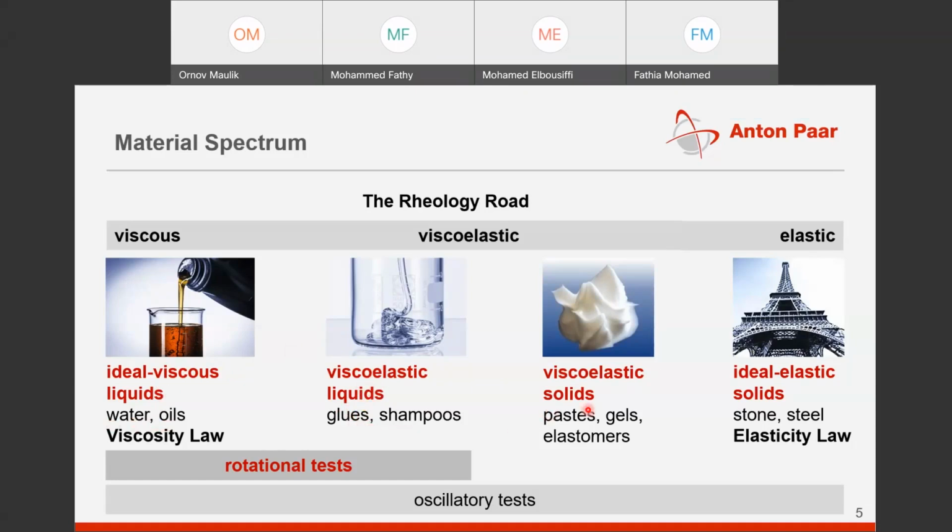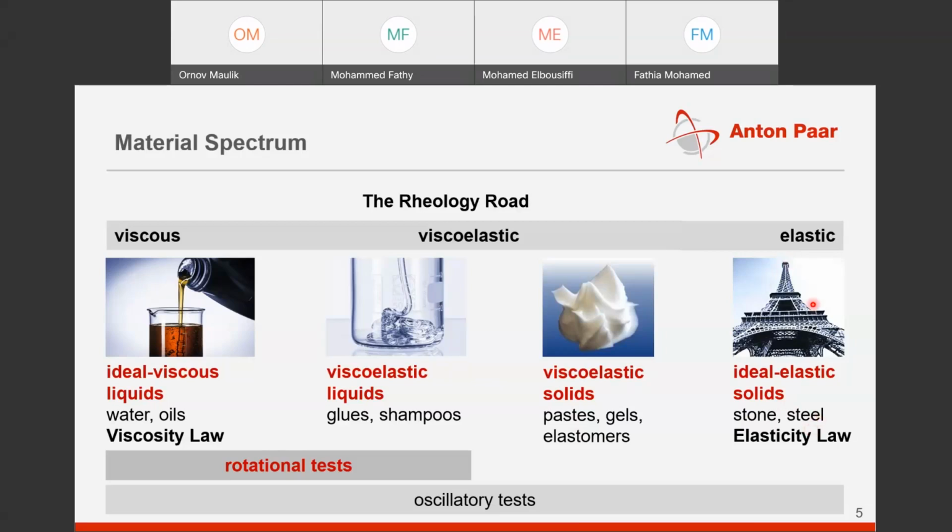Then materials can be viscoelastic solids, such as pastes and gels. These types of material predominantly have an elastic structure, but under certain stress, or if you apply some force on them, at some point of time they will start flowing. And then materials can be ideally elastic, such as stone and steel.